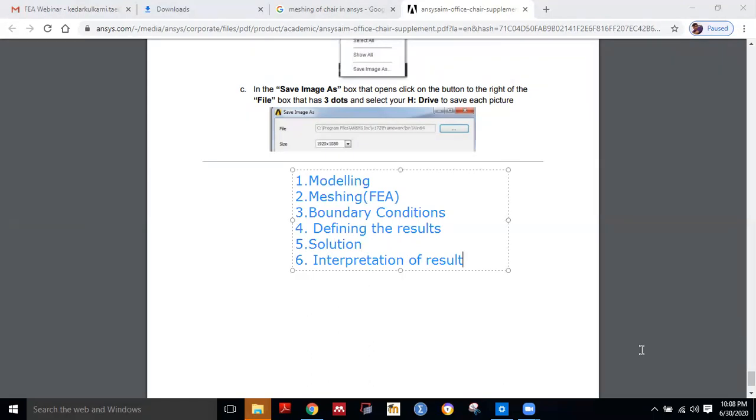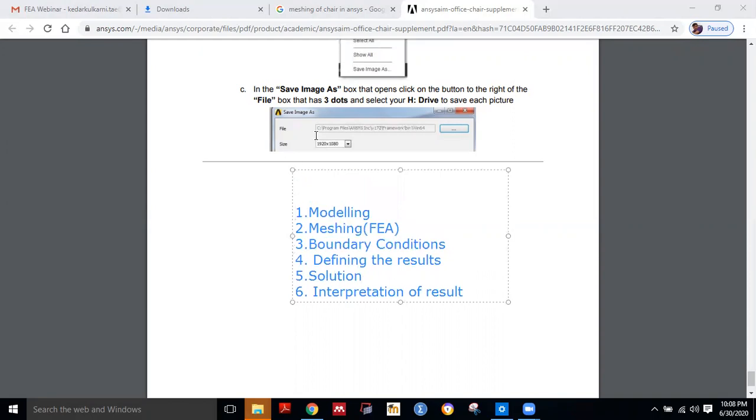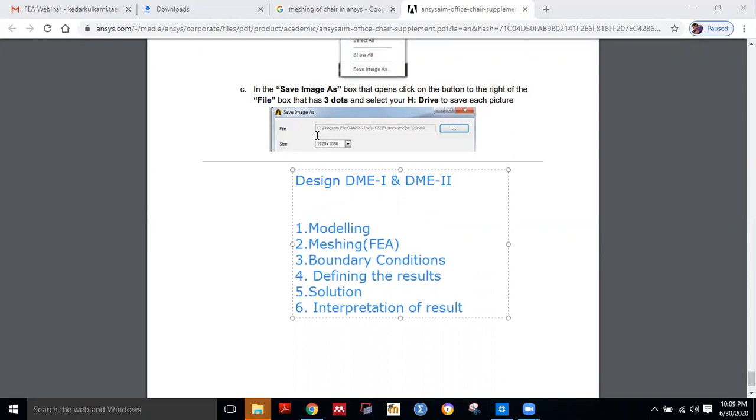But this all is possible when you can go for design of any object, means EME-1 and EME-2. Then we can go for comparing the stress.